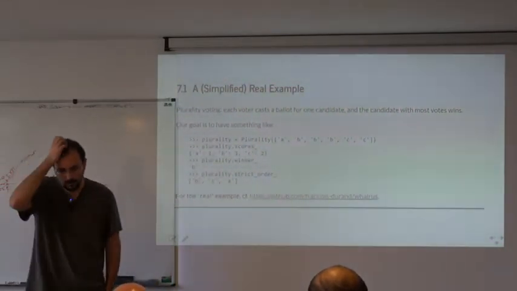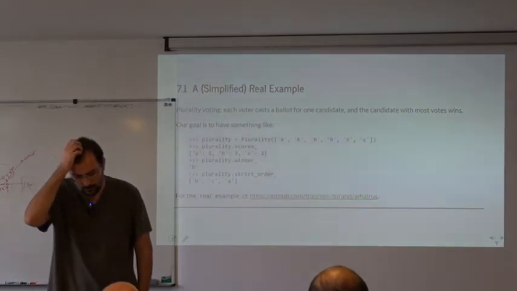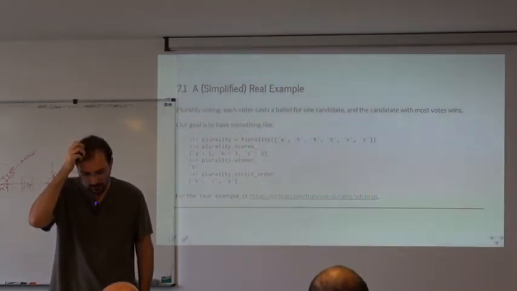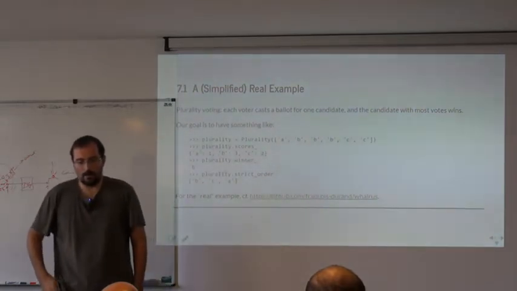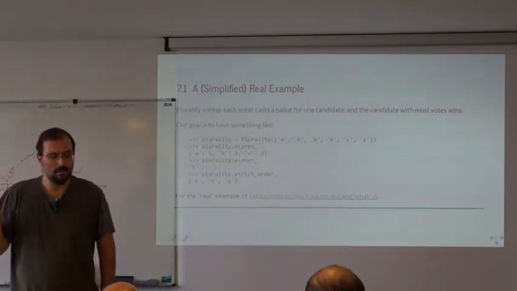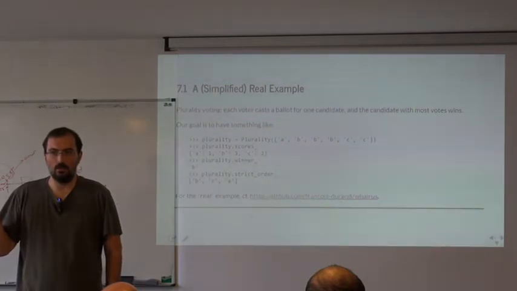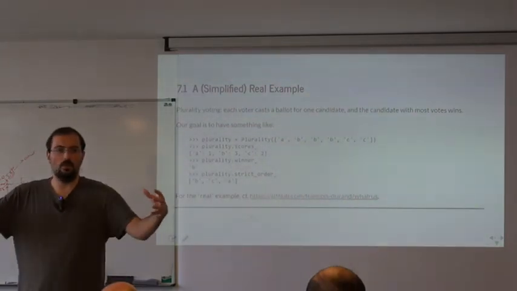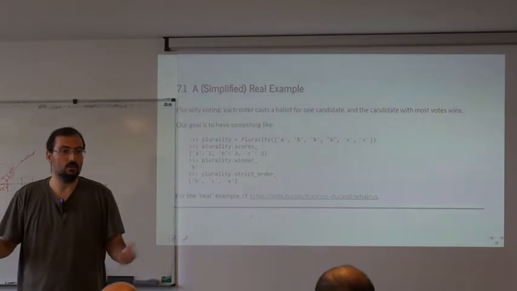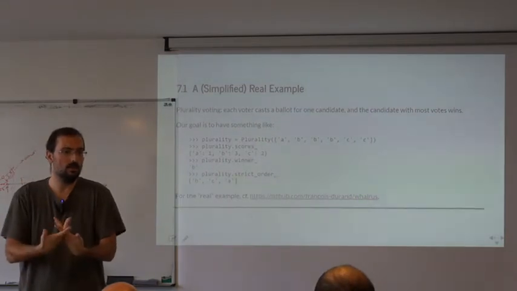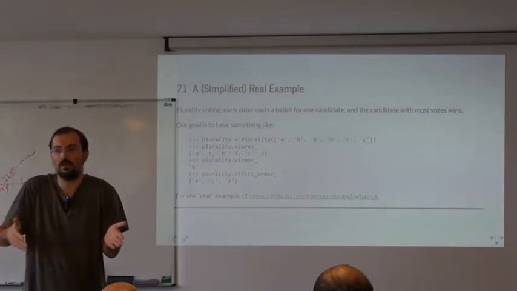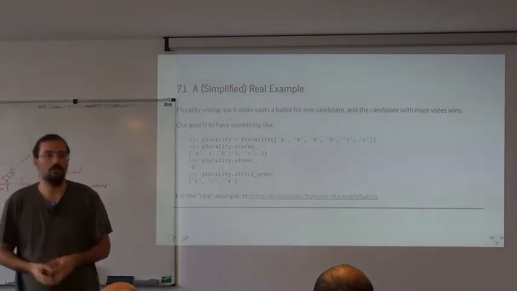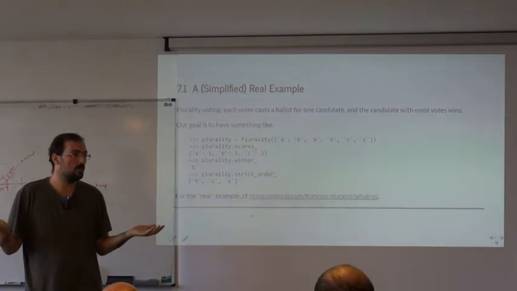It's about a voting package that I am currently working on with some colleagues from Dauphine and Grenoble. I will just take the example of plurality voting. So the principle is that each voter votes for one candidate, and then you simply have a look at how many votes each candidate gets. The candidate with most votes is going to win.